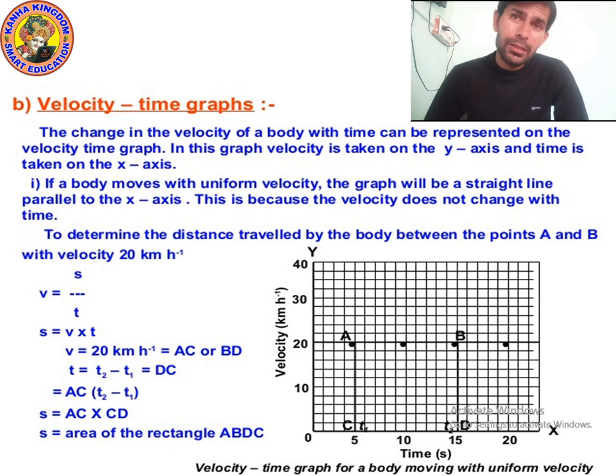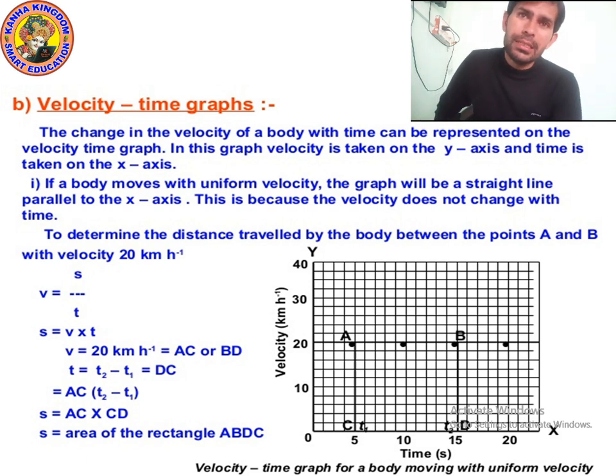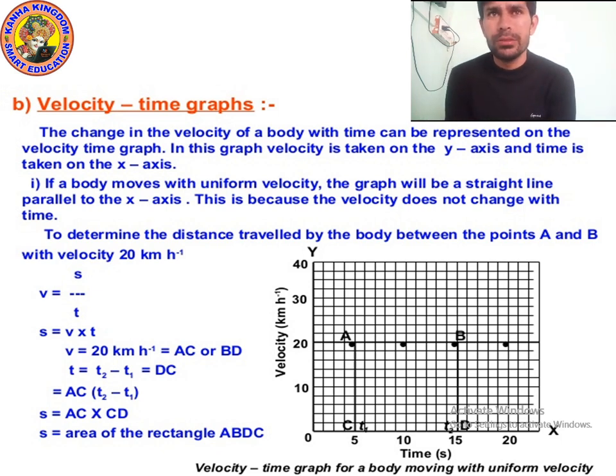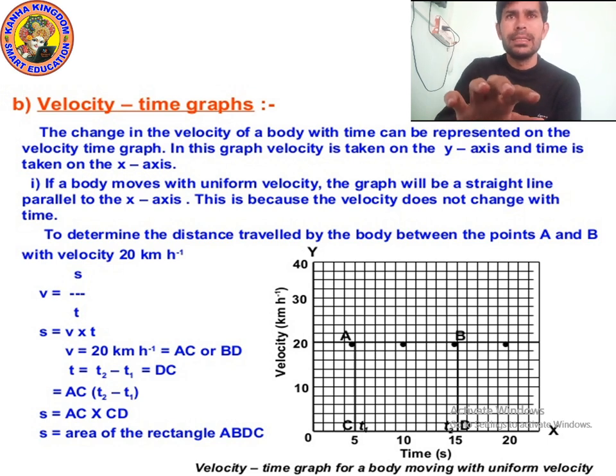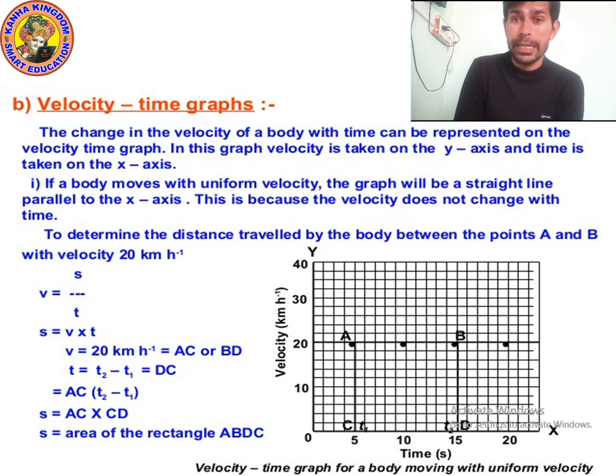So v is equal to s upon t, and s is v into t. So s will be equal to the area of rectangle ABCD. It's not difficult. Okay. Now let's see the next graph.